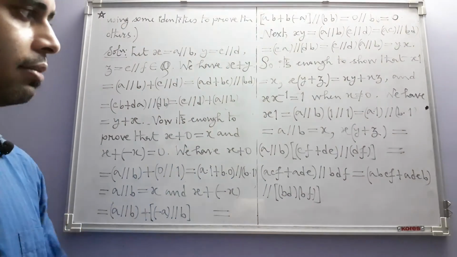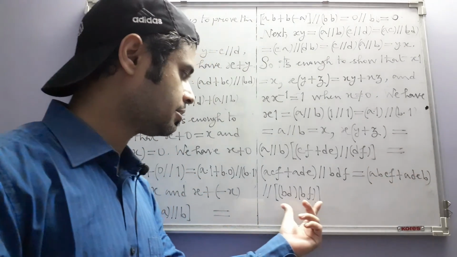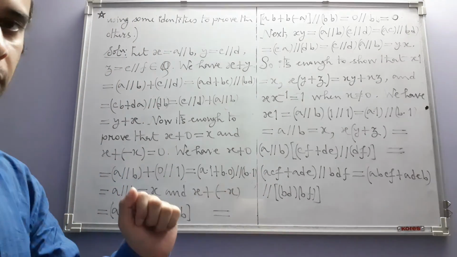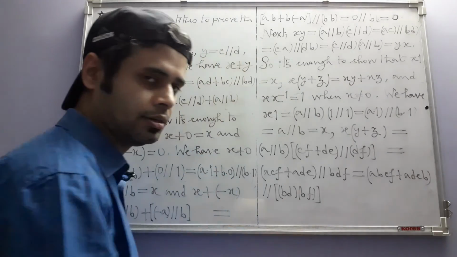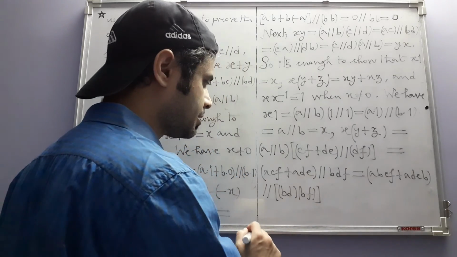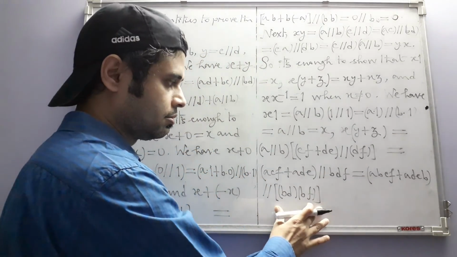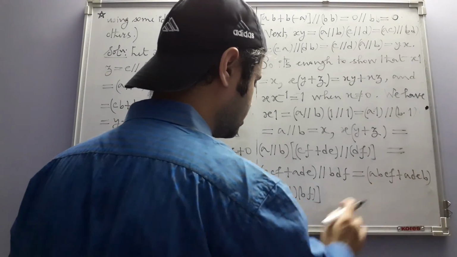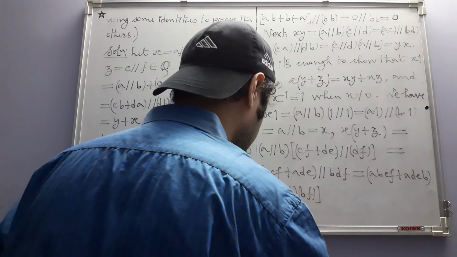It seems that we have multiplied both the first component and the second component by an extra b. In fact, that's what we have done. But the question is, is that justified? For this to be justified, this times this should be equal to this times this.